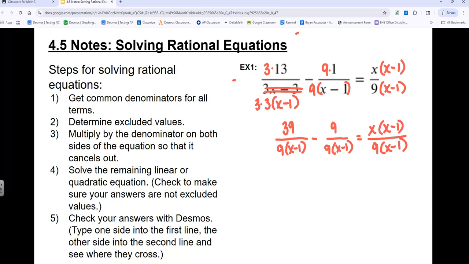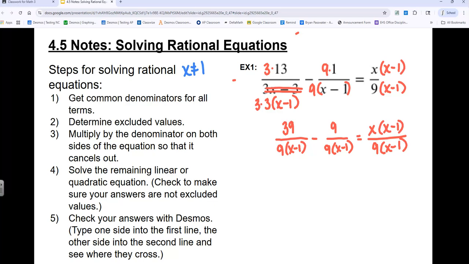So, what number can I not have in this denominator? What number would give me 0 in the denominator? 1. So, x cannot equal 1. That's my excluded value. I'm just going to make a note of that over here. If 1 ends up being my answer, I've got to throw that answer out. It doesn't happen that often, but it does happen sometimes.